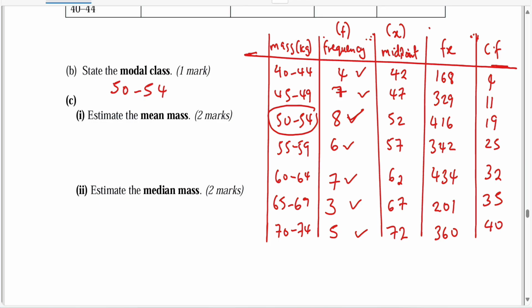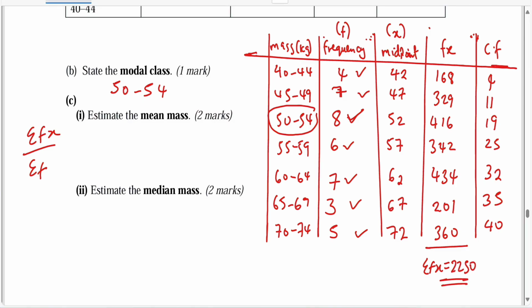Estimate the mean mass. Your mean mass is sum of fx divided by sum of f. So it means sum of fx lazima tutafute sum of fx to add hizo zote. 168 plus 329 plus 416 plus 342 plus 434 plus 201 plus 360. Na upata ngapi? Kwenye comment section niambie. 2250 ikiwa unapata hii, sawa.